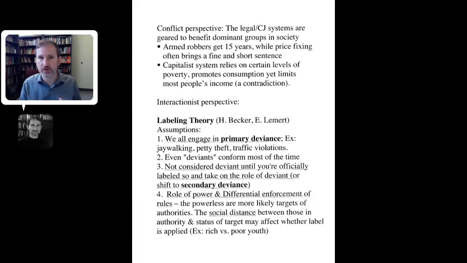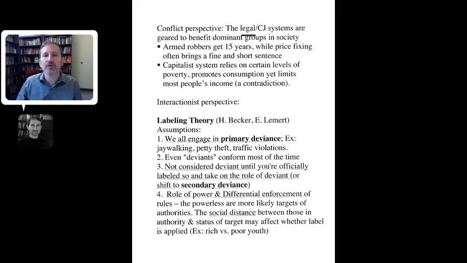Perspective and strain theories explaining crime. Next, we usually talk about the conflict perspective. And this one, you could say, is also related to our previous discussion. The conflict perspective, you might recall, is people are struggling over scarce resources. The metaphor is that society is like a war or a conflict, a battle.